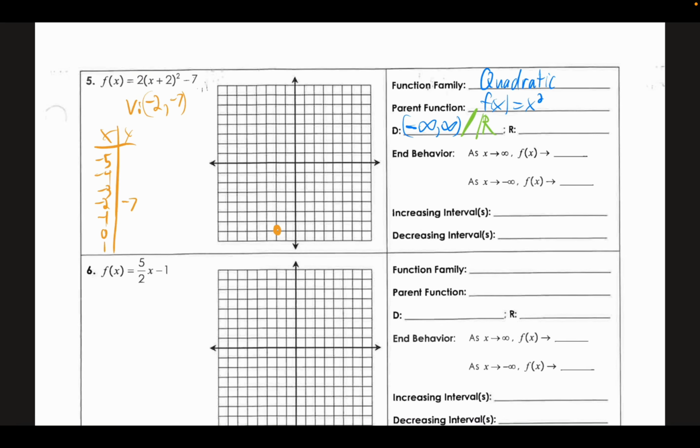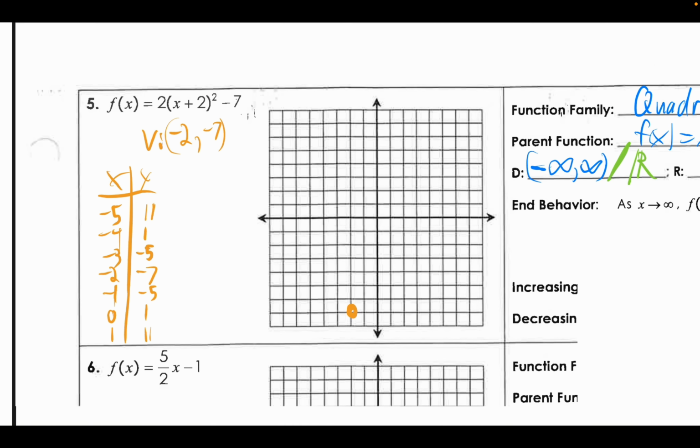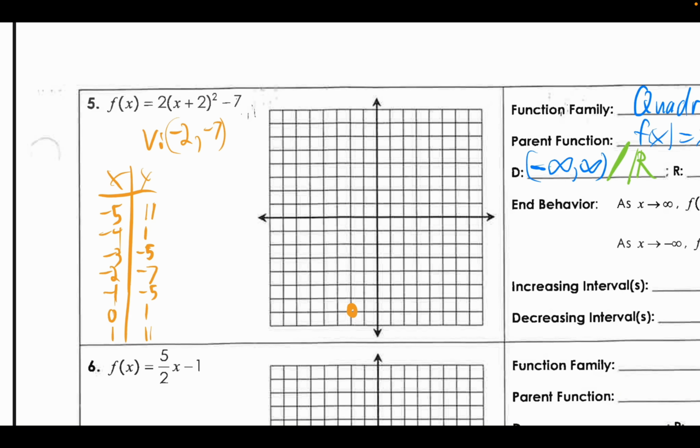And then as I find these y values, I get the y values of 11, 1, negative 5, negative 7 we talked about, negative 5, 1, and 11. 11 goes off my graph for the y value, but that's okay. I'll just graph the other ones since I have them. And there we have the graph.